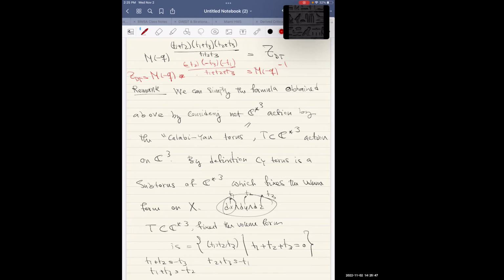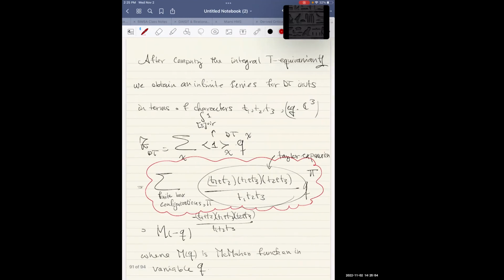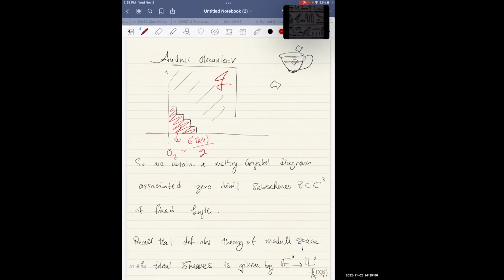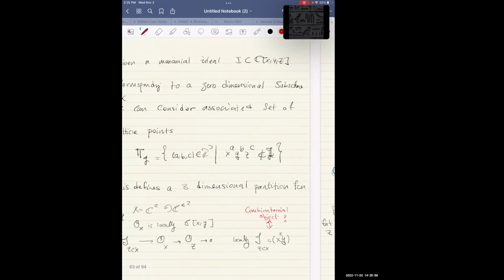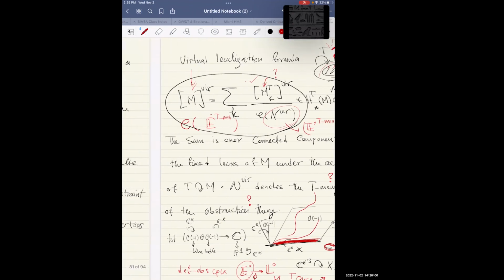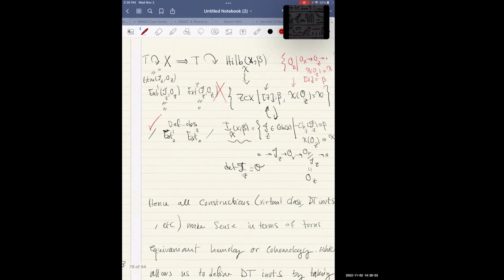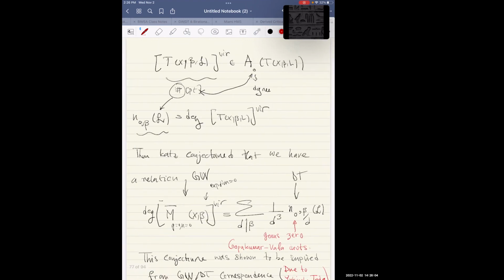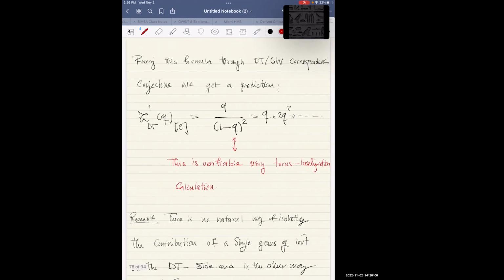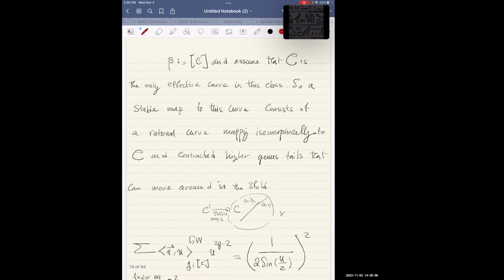And this is exactly what we had before. Where is it? We calculated one of these and we had this McMahon function. Where is it?